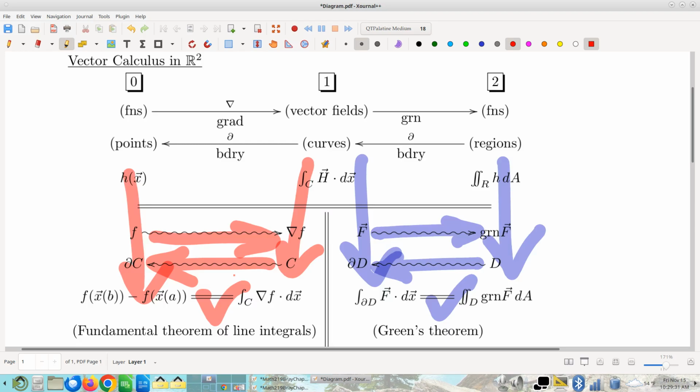Just so you know, this is not a coincidence, right? This is something that people noticed very quickly after these theorems were first discovered. And they started wondering, hey, I wonder if these are related in some way. Is there a generalization of these theorems? Are these all special cases of the same general theorem in some sense?